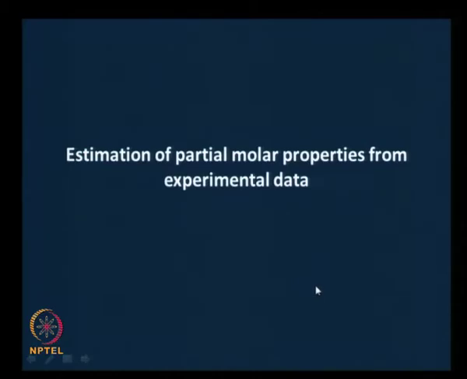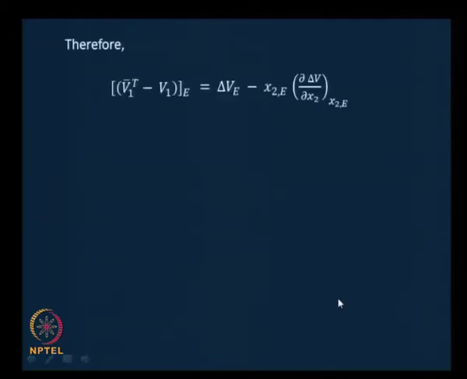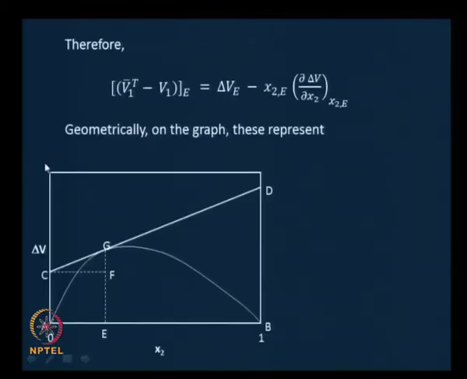And then we also saw how to estimate partial molar properties from experimental data. We saw that from mixing experiments, which can be represented as change in volume with mole fraction, you get a curve like this, and if you are interested in the partial molar volume at E, then you take this point on the curve at E and draw a tangent to the point there.